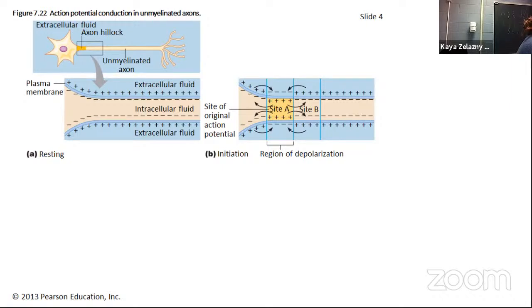What are those representing? Yeah, exactly, sodium. So that's our sodium moving in. And those arrows moving to the side are telling you that sodium ions, once they move in, they're not bound onto anything. So they're kind of spreading to the sides. So we're going to see that that is what's going to be triggering site B next.